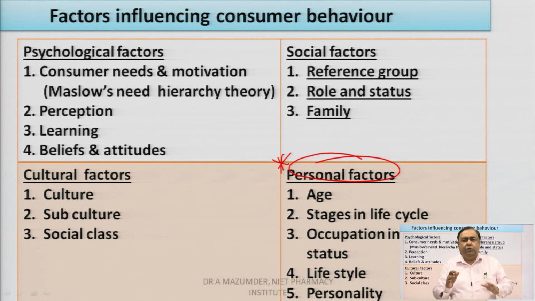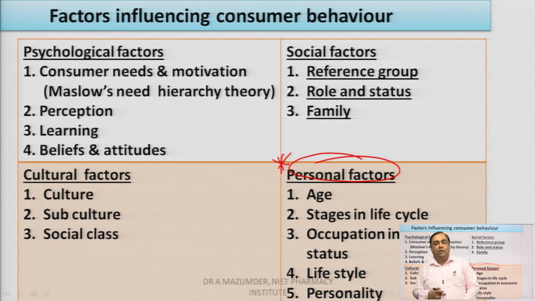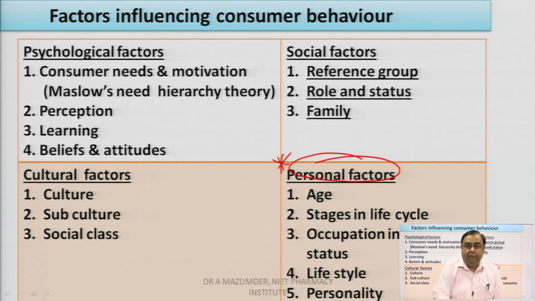So what I basically mean to say is, as the age changes, the choice of the consumer gradually changes. The next factor is the stage in the life cycle, in which particular stage he or she belongs. Next is the occupation, very important, because the occupation will govern how much financial capacity and economic strength he has.